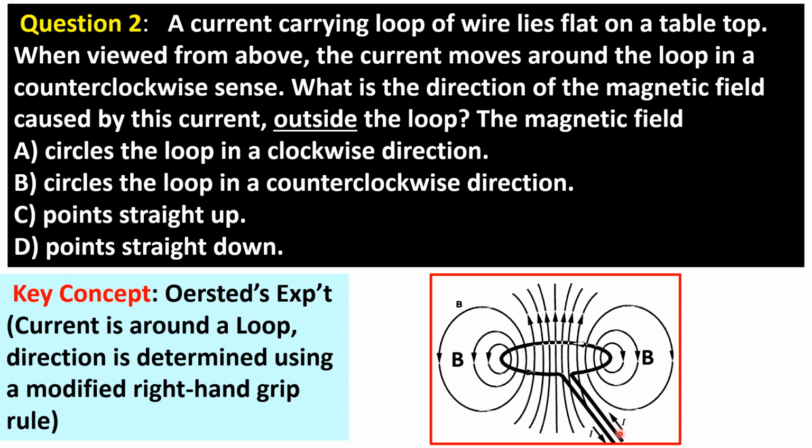Supposing that this part of the loop is connected to a positive terminal of a battery, we imagine that the conventional current goes like that, then around the loop in a counterclockwise direction, then goes back to the negative terminal of the battery.